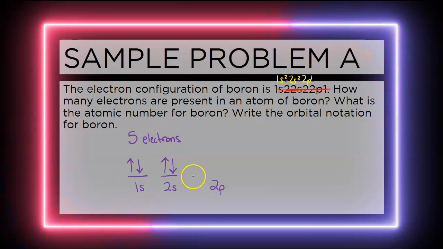Here's where we have to remember p has 3 orientations, so I have to draw 3 lines for any p orbital. But the p only has 1 in this case, giving me my 5th electron. We're going to fill it there. Remember, if I were to add more, I would have to add them to the other lines before I double up on that first line. Whether or not I draw them up or down doesn't matter, as long as I don't have 2 ups or 2 downs sharing the same orbital.